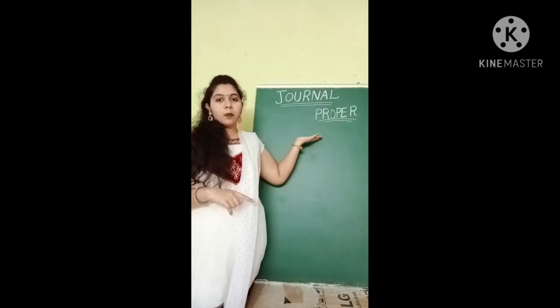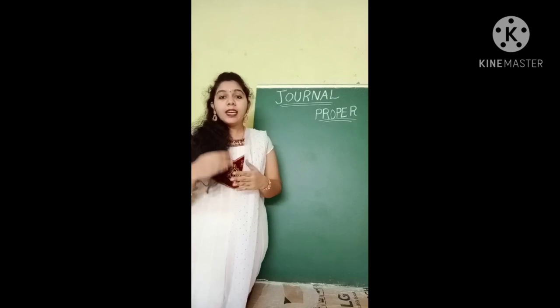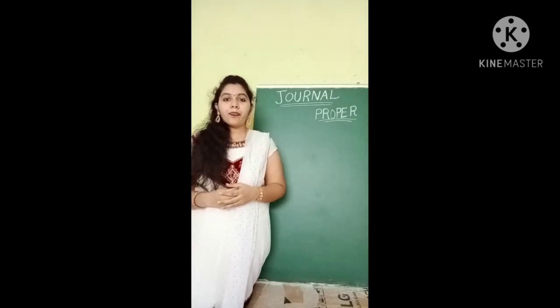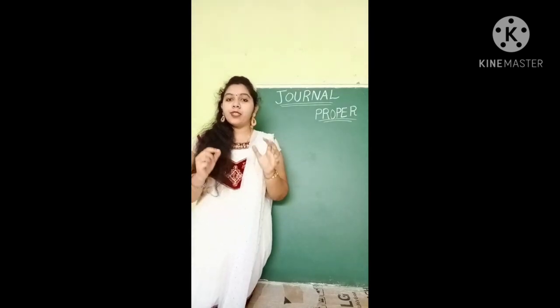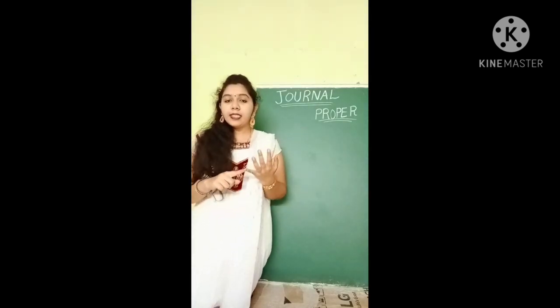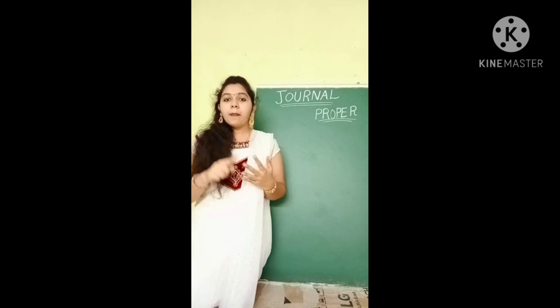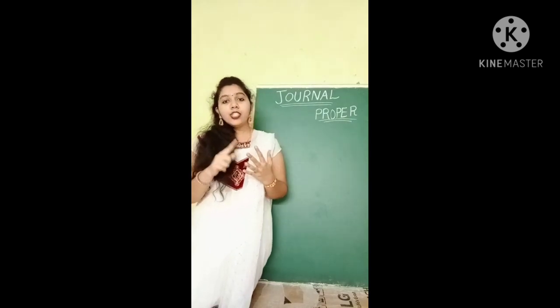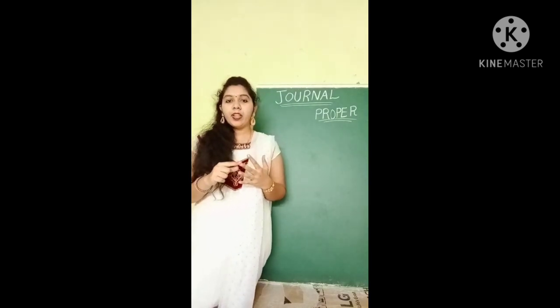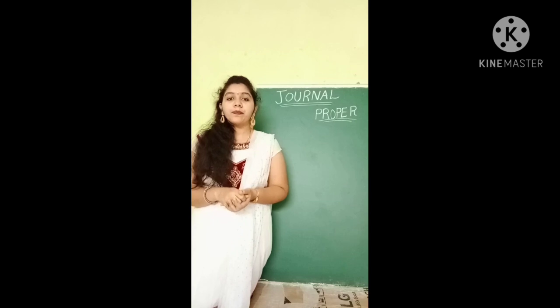What is journal proper? We discussed it in the subsidiary books. How many subsidiary books are there? We have 8 types of subsidiary books: sales returns, purchase returns, bills payable, bills receivable, cash book and journal proper. The last one is journal proper.